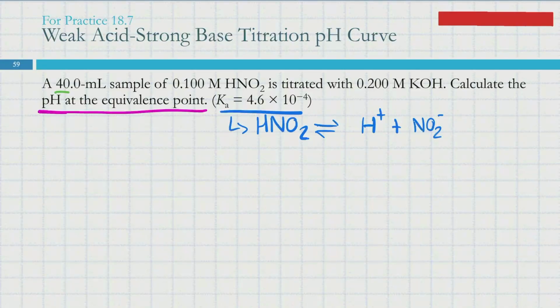We're also given a volume of our nitrous acid, and we're told that it's titrated with potassium hydroxide. So the first thing that we're going to want to find is how much potassium hydroxide did we add?